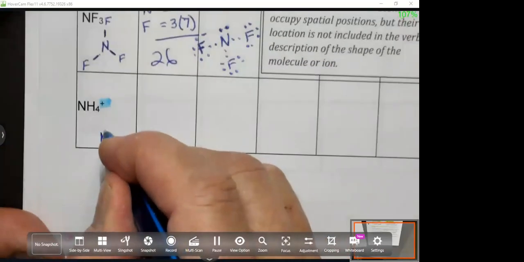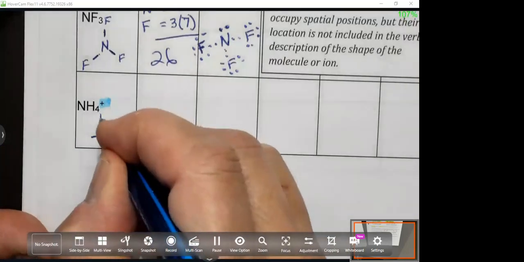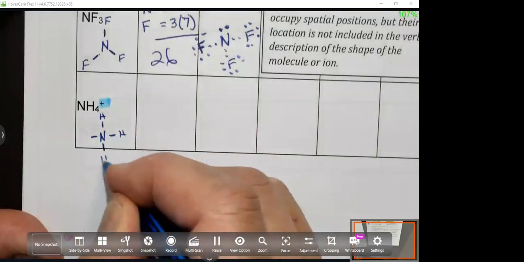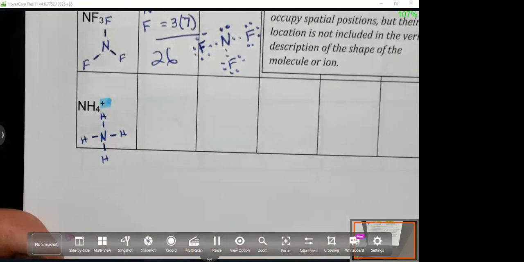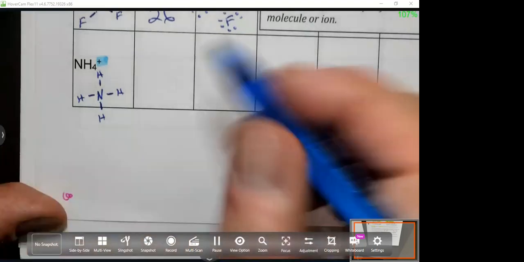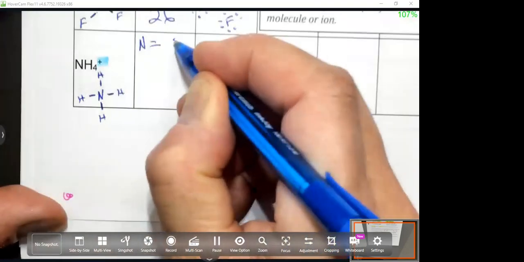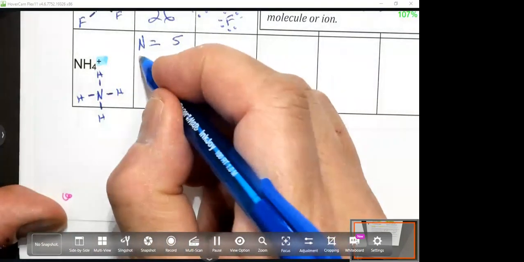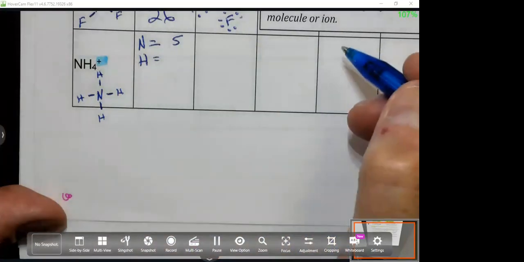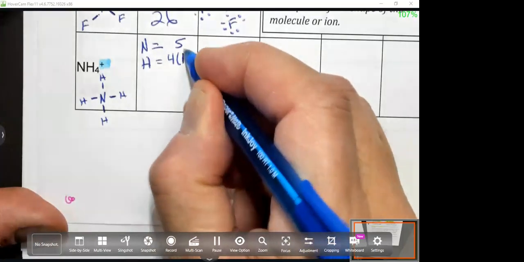So to do this, valence electrons. Nitrogens are group 15. Hydrogens, 4 times 1. Yes.